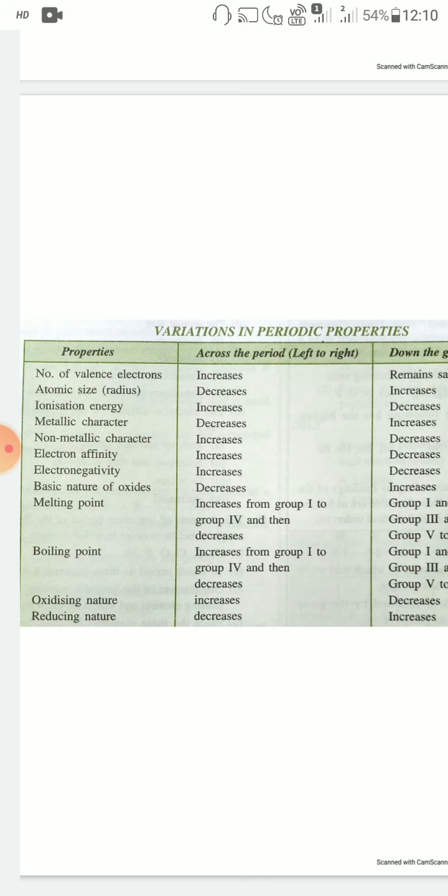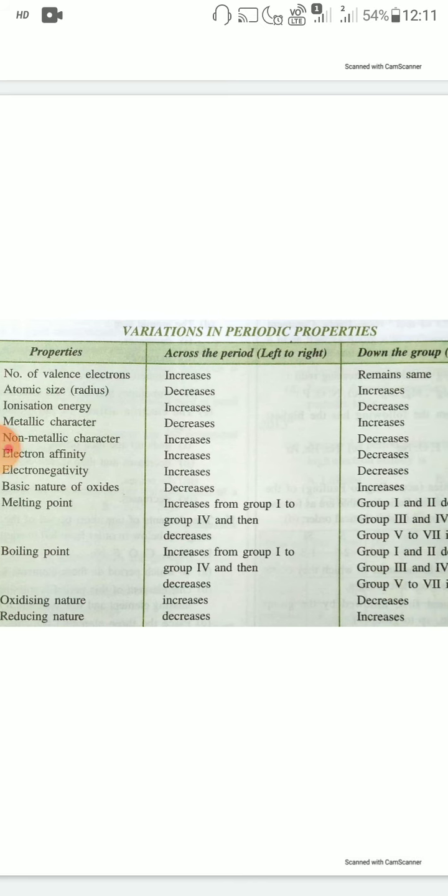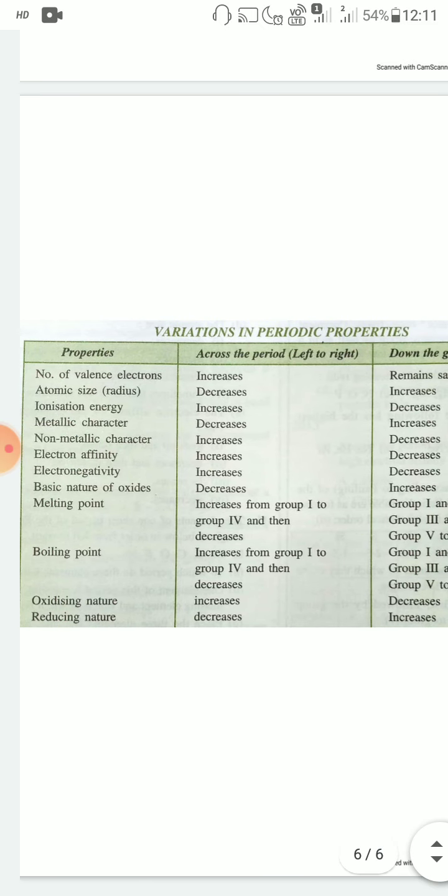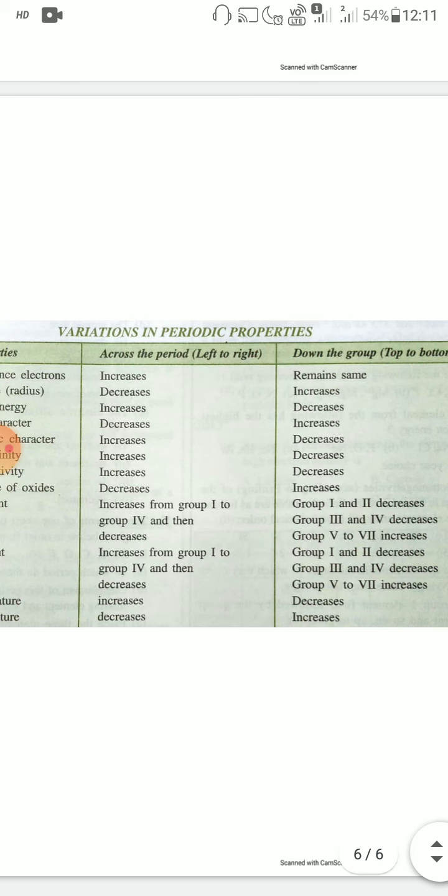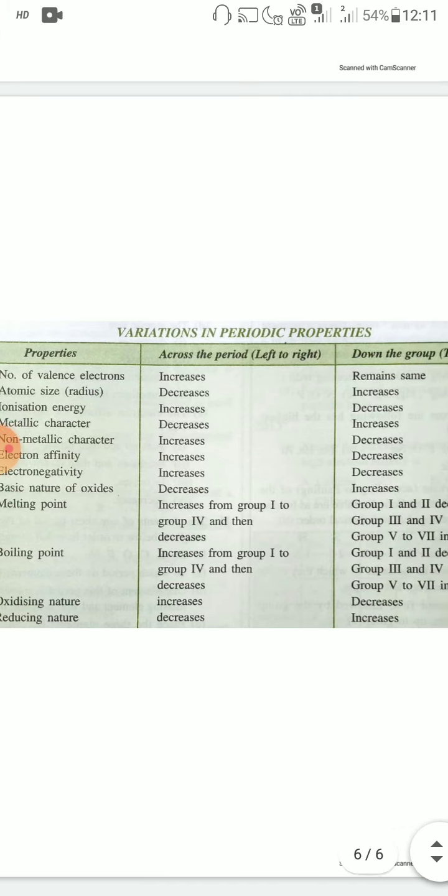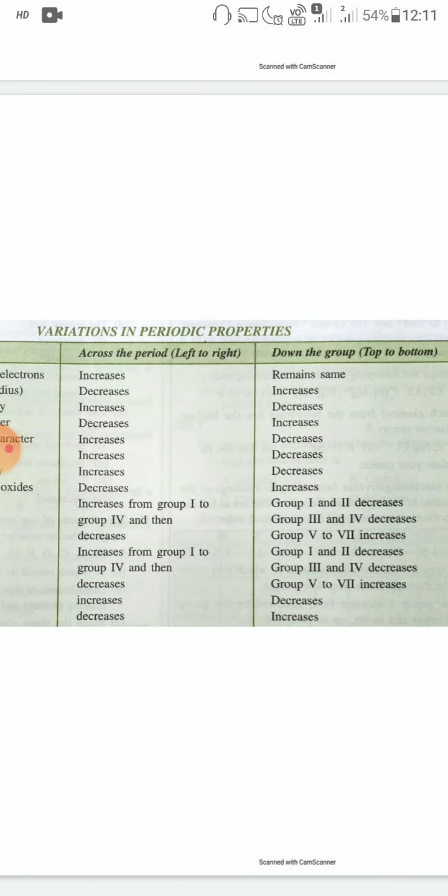Electron affinity left to right increases, but down the group decreases. Electronegativity increases across the period but decreases down the group. The basic nature of oxides decreases left to right and increases down the group. Melting point increases from group 1 to group 4 and then decreases across the period; down the groups 1 and 2 it decreases, groups 3 and 4 decreases, and groups 5 to 7 increases.